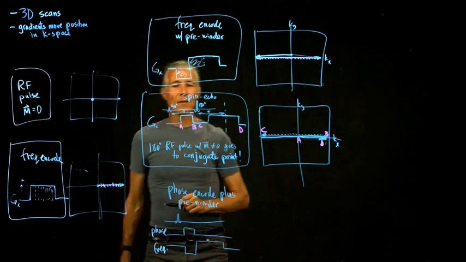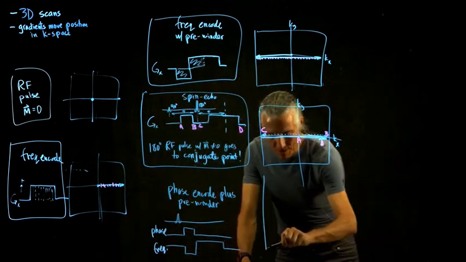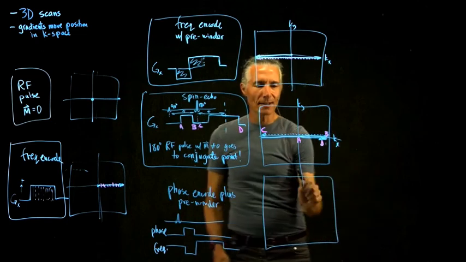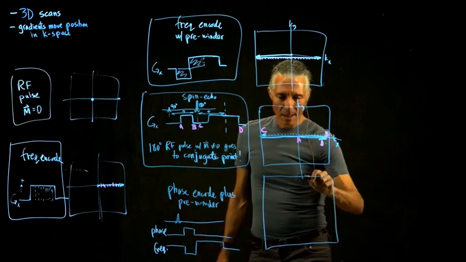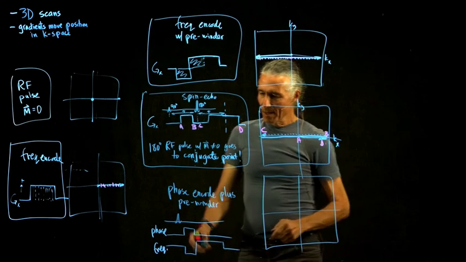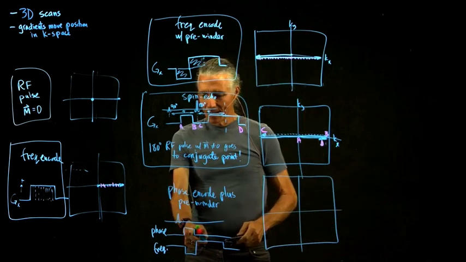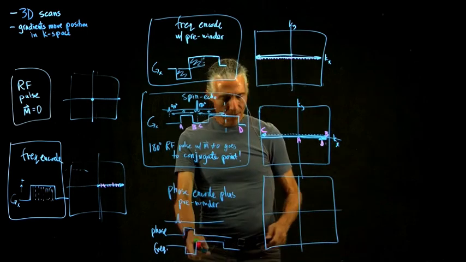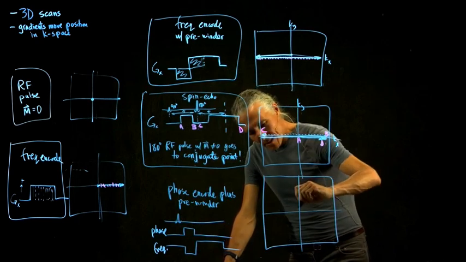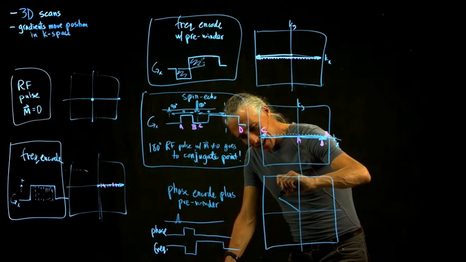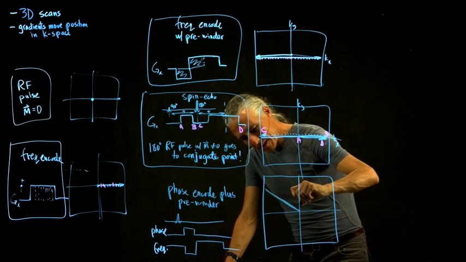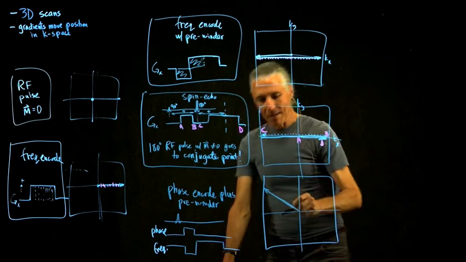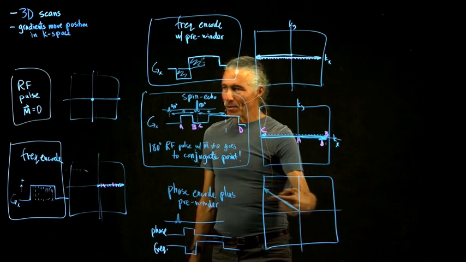So what's going on in K-space? Now we've got two gradients on at the same time. One of them is positive, and one of them is negative. The positive one is going to move us upward like that, but the negative one is going to move us to the left.